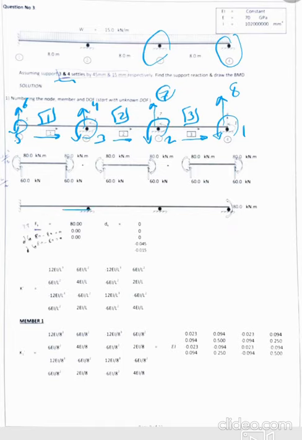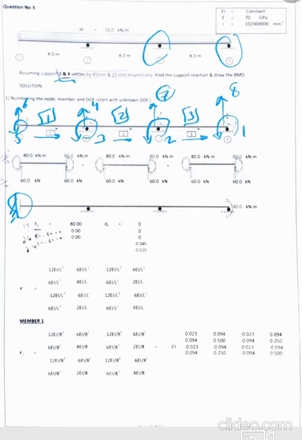Second step, change each part to make it fixed. So actually our beam looks like this: we have a fixed support here, and 3 rollers. After dividing the beam into 3 parts, the supports could be roller, hinge, or fixed, depending on the structure that you have.